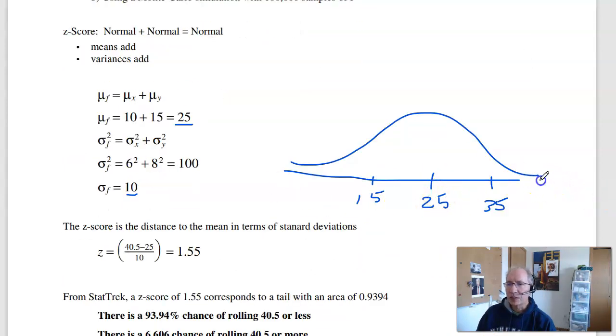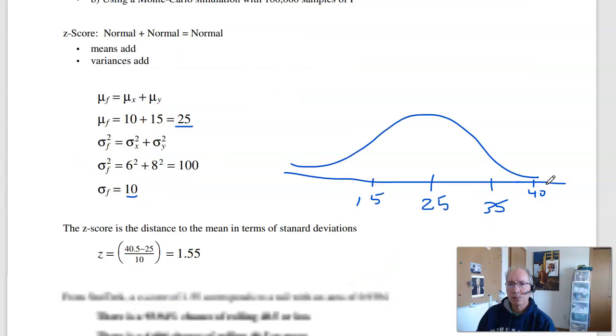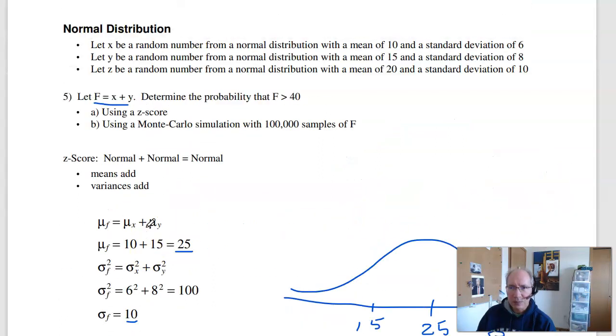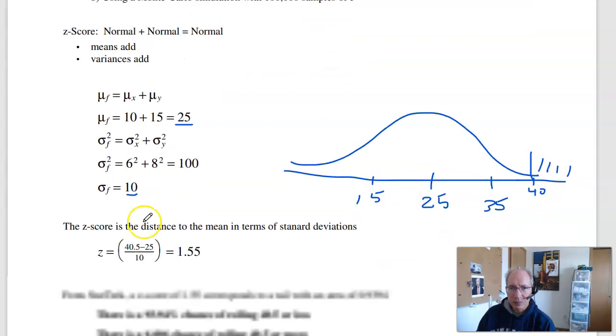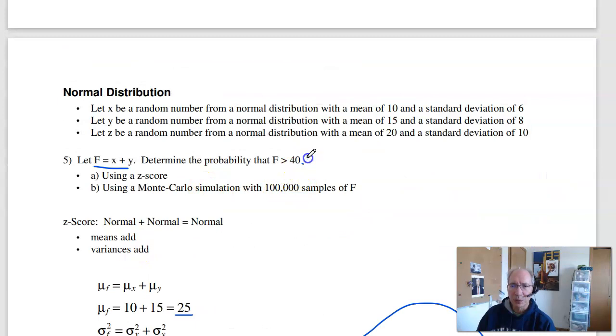So if I take the number 40, and take the area to the right, I'm not exactly sure why I did 40.5. No, it should just be 40. Okay, let's change the problem. 40.5, there.